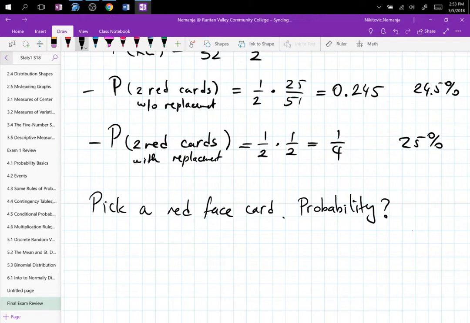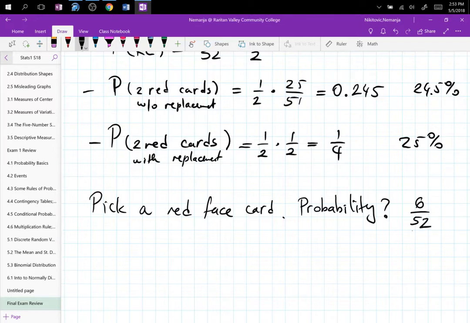Yes. 8? Are you including aces? No. So 6. You have hearts: king, jack, and queen, and then diamonds: king, jack, and queen. So hearts and diamonds, with 3 faces each: jack, queen, and king. So the answer for this is very simple: 6 out of 52. We know that, right?